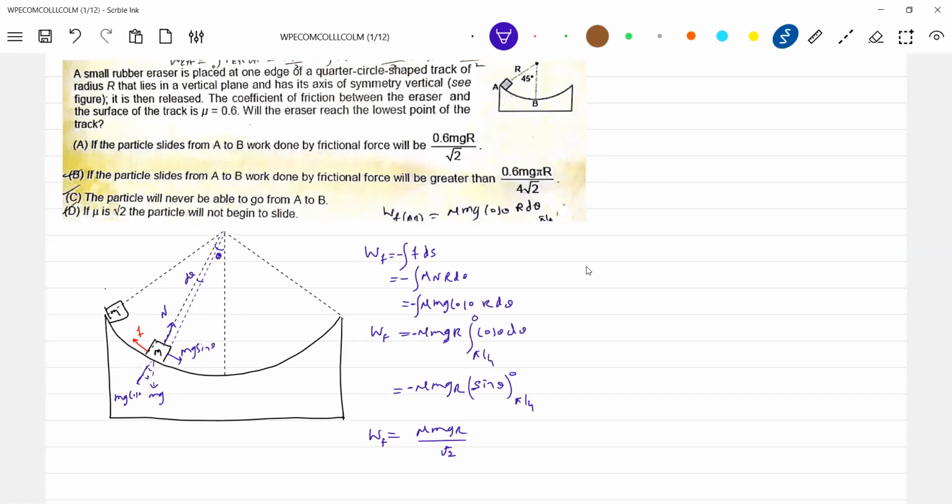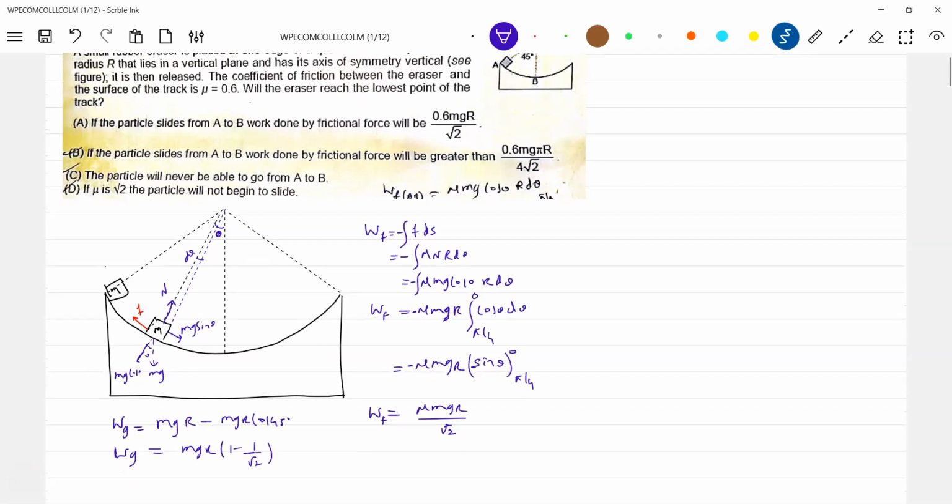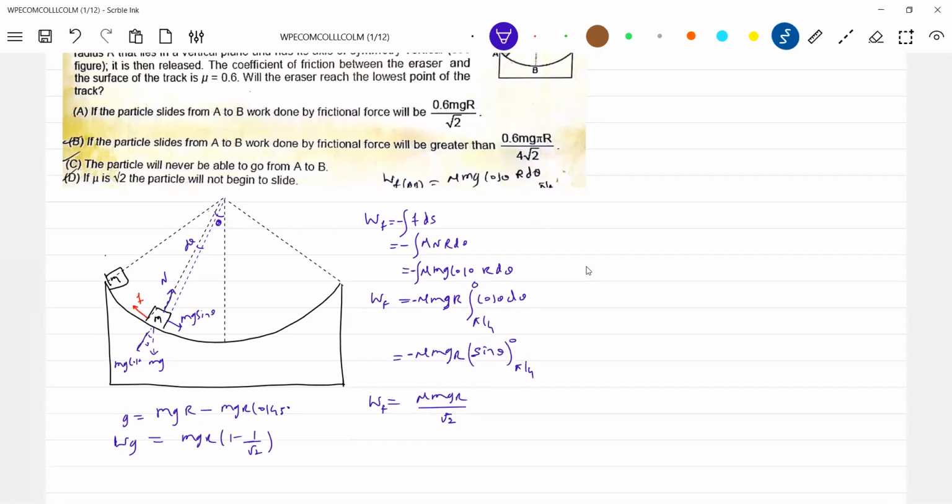How much is the decrease in gravitational potential? That should be equal to mgr minus mgr cos 45. This is the decrease in gravitational potential, delta U. 1 by root 2 is 0.707, or we can take 0.7.